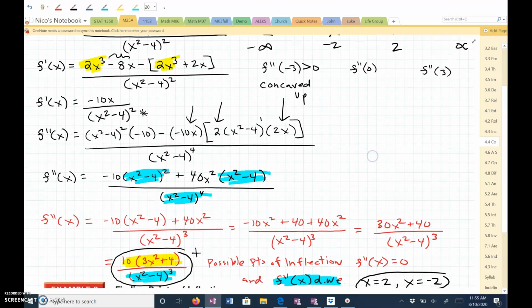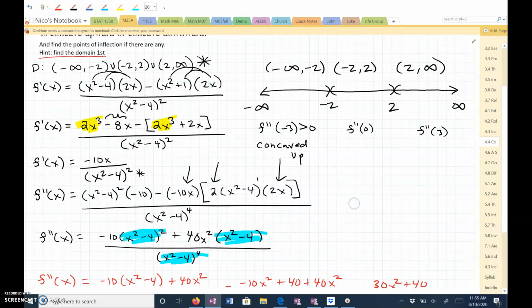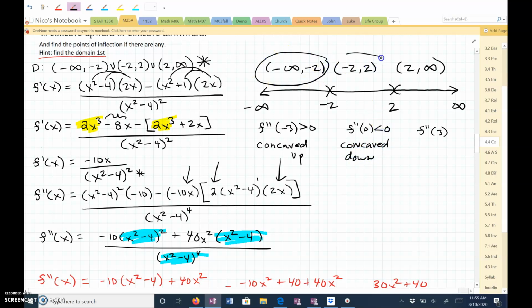Let's see about 0. That's still going to be positive. This would be negative when that's the case. So this is going to be concave down. So concave up, concave down.